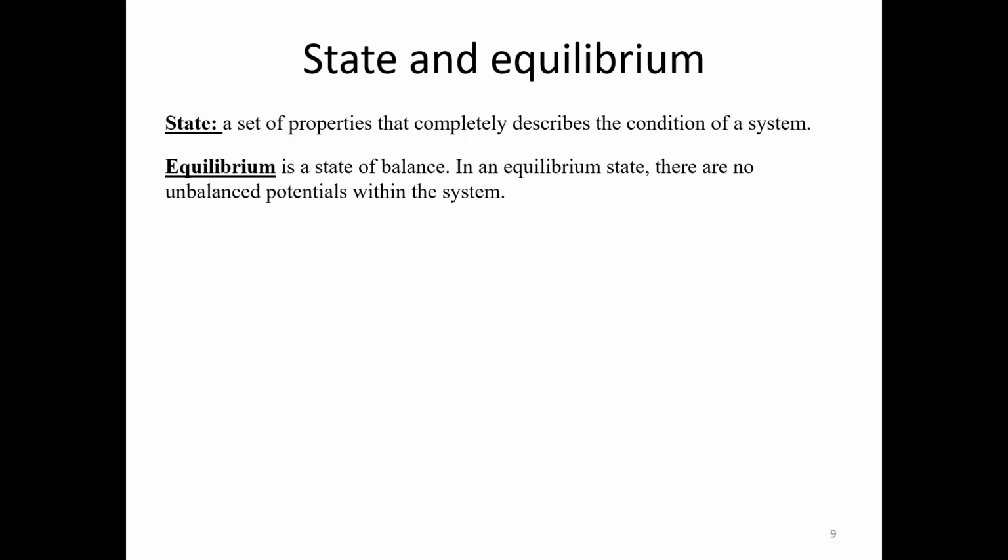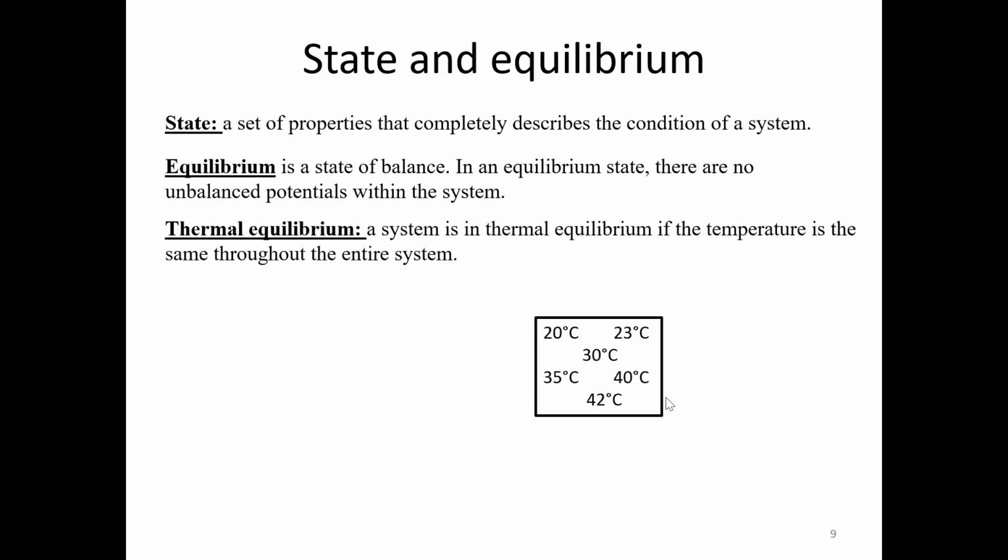So, for example, let me take this example here. This space has different temperatures in different parts. If I have a room and one side of the room has 20 Celsius, the other side has 42 Celsius, the other one has 23 Celsius, and I say that this space, let's say gas, is in an equilibrium state.